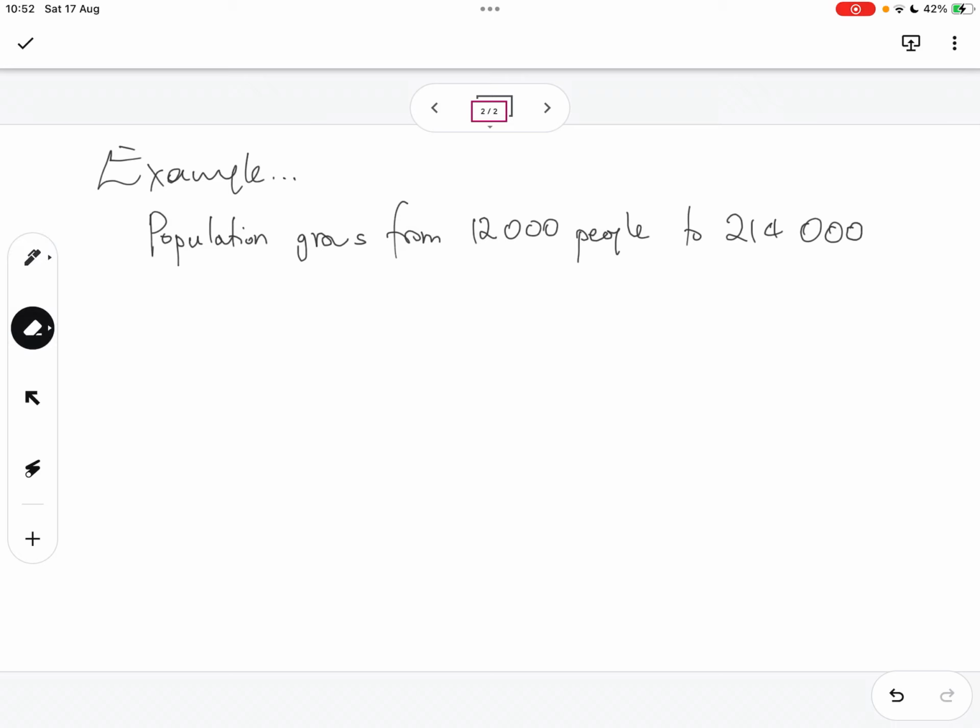Alright. So our population grows from 12,000 to 214,000. Maybe let's not say people, let's just keep it general. The early example was just to show how we would try and visualize population growth from where we live. Shiro wasn't always this big.